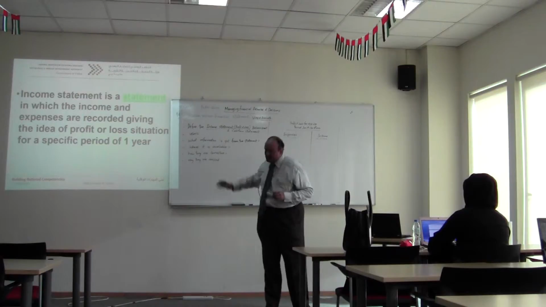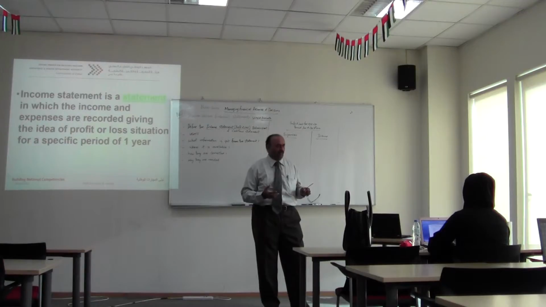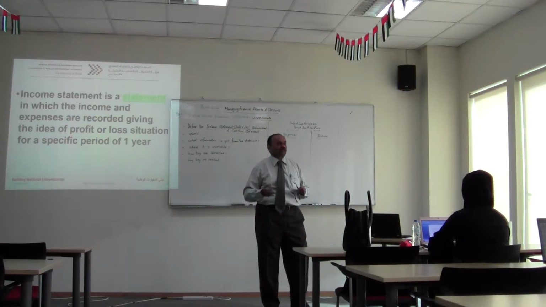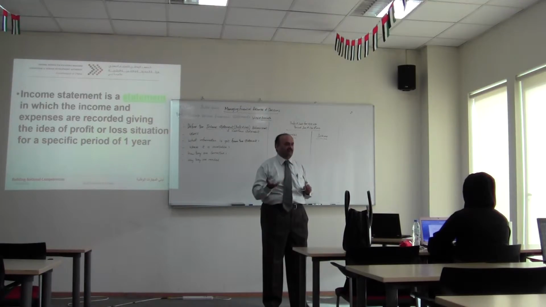So this statement is about recording all the income and then all the expenses. At the end of the day, we try to see after use of the income what is left. What is left is obviously going to be gross profit. Suppose for a month you are earning 15,000 dirhams.